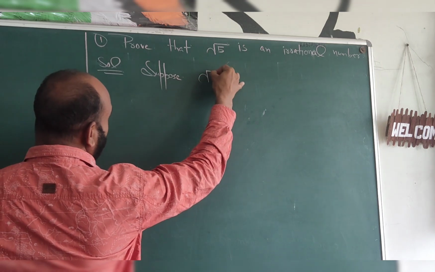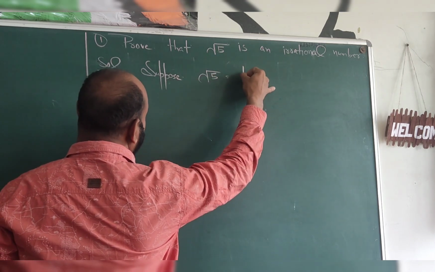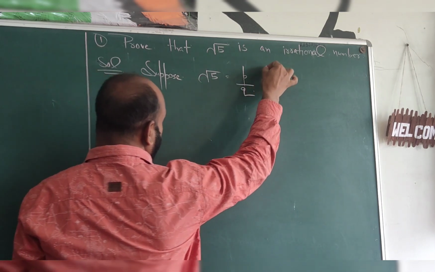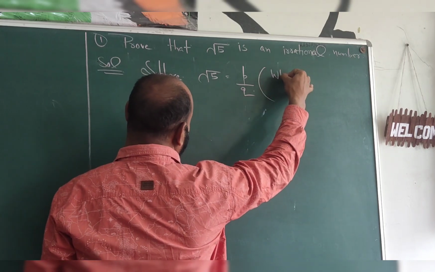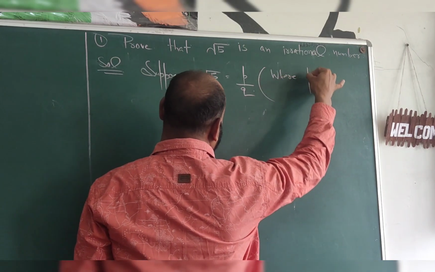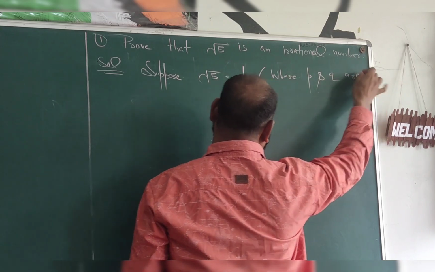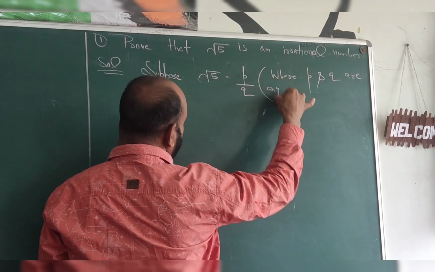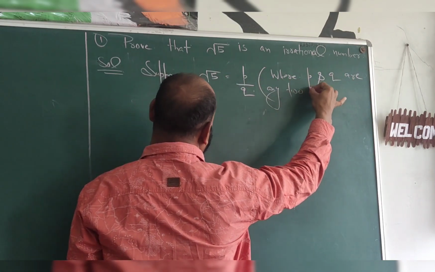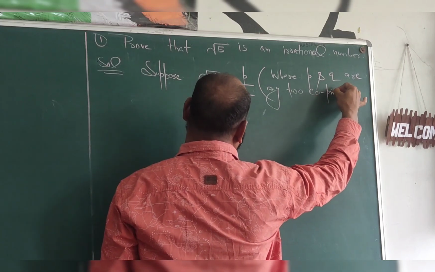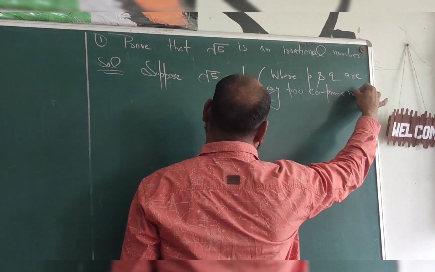root 5 is equal to p upon q, where p and q are any two co-prime numbers.